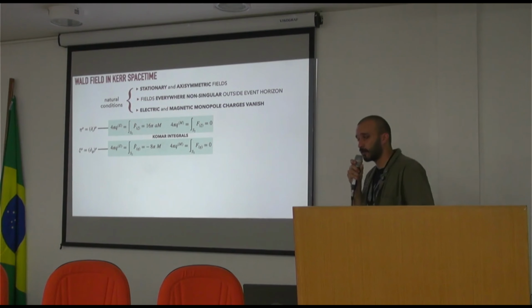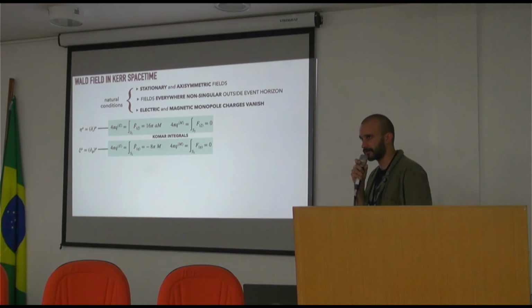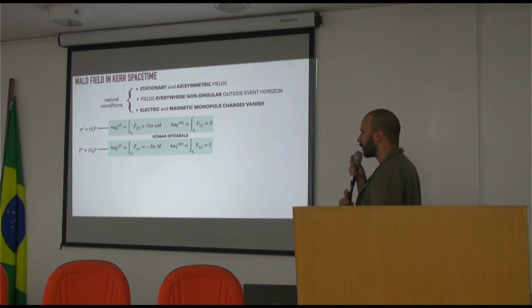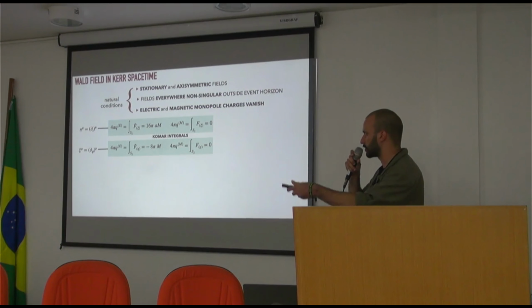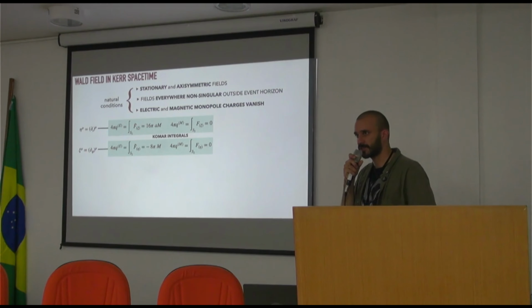And since we are talking about Killing vectors, these integrals actually become Komar charges, Komar integrals, which basically tell you what are the physical monopole charges as seen by an asymptotic observer. And we can see that in both cases we don't have any magnetic charge, but we do have an electric monopolar charge. This is something that we don't want to have, of course.